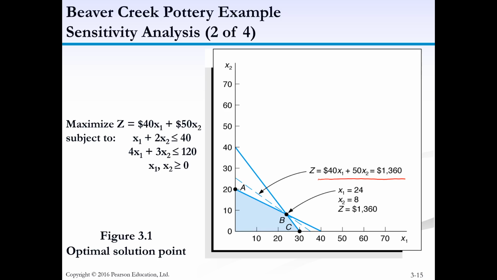Now, when we change the coefficients of the objective function, this dash line will move, and the slope of that will change. So we have to see how far we can change without changing this optimal point. All right, so let's see first the effect of changing the coefficient value.